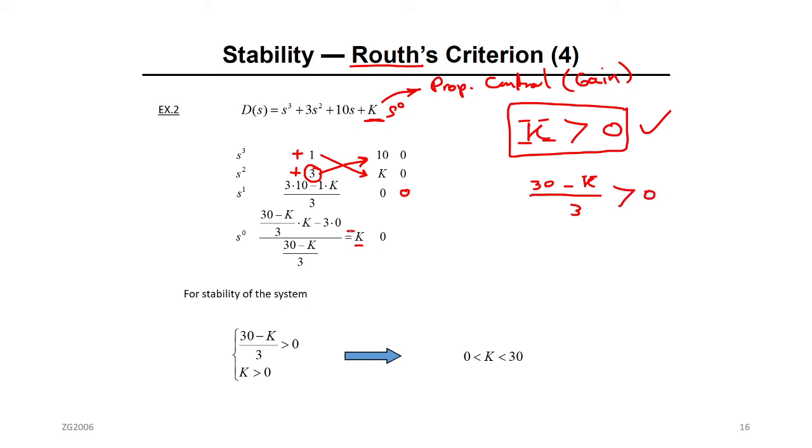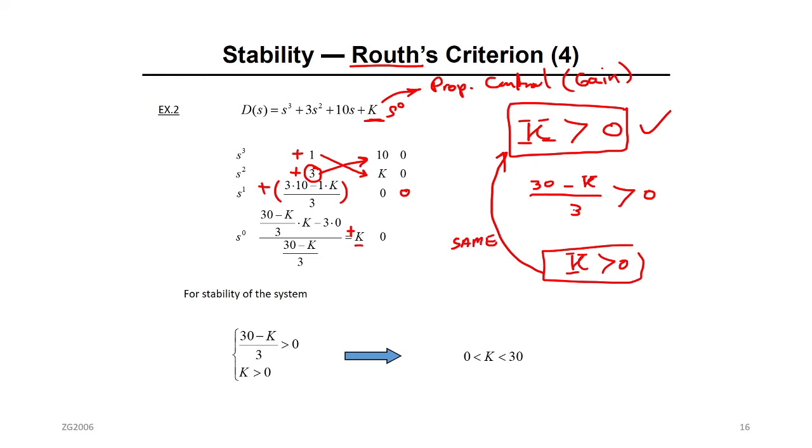And this K also must be positive, which is the same as the conclusion that we got earlier, right?